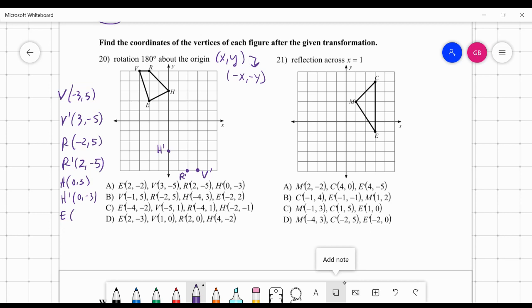And then E is (-2, 2), so E prime has to be (2, -2). Okay, so the correct answer is, I think it's A: E prime is (2, -2), V prime is (3, -5), R prime is (2, -5), and H prime is (0, -3). The correct answer is A.